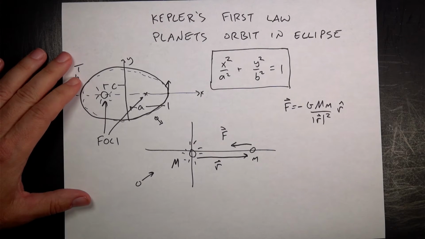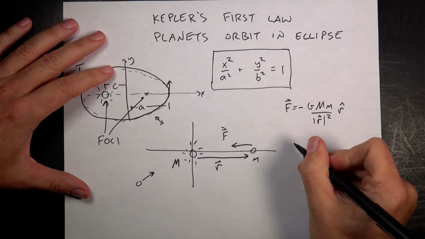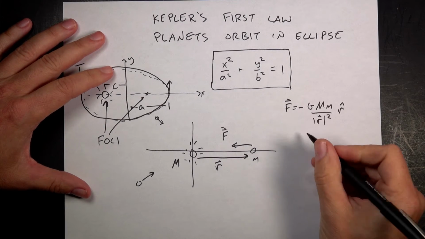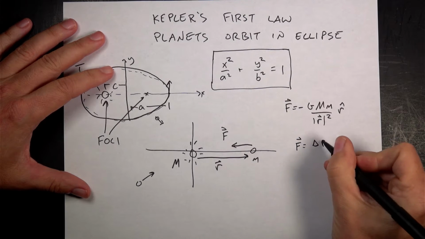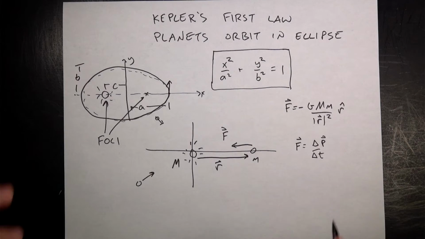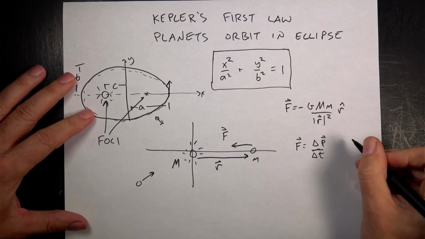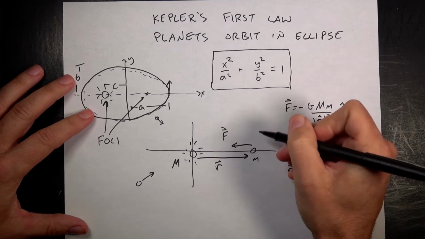Well, now I'm going to use the momentum principle along with this. The momentum principle says that if that's the only force, the net force on an object, F, is the change in momentum with respect to time. I've written this as a finite difference because of what I'm going to do. Momentum is mass times velocity, so I need to know the velocity.